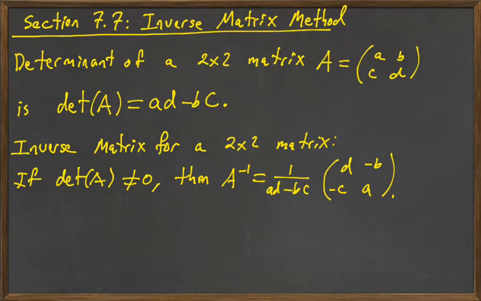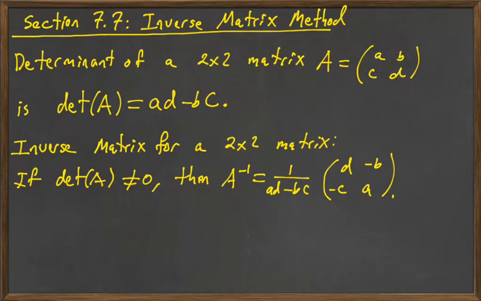And so probably the easiest way to find the inverse of a 2 by 2 matrix is first to find the determinant. So the determinant of a matrix A, which has entries a, b, c, d, is going to be AD minus CB, or BC.